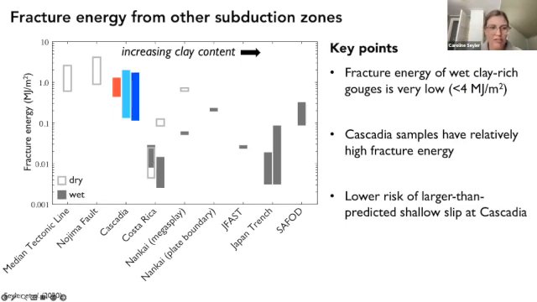For a bunch of different subduction zones here, including JFAST, which is the material from the plate boundary zone where the Tohoku Oki earthquake occurred, we can see that there's a huge difference in fracture energy of up to a couple orders of magnitude between these Cascadia samples and these other subduction materials. So Cascadia has a relatively high fracture energy, and this might actually give us a lower risk of this larger than predicted shallow slip at Cascadia in the event of the next big earthquake.